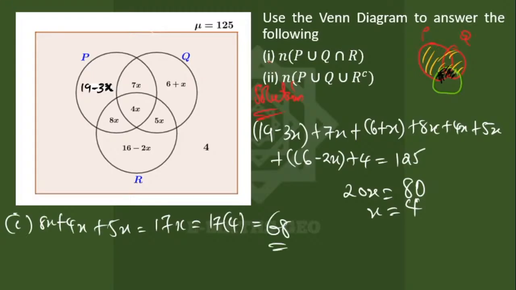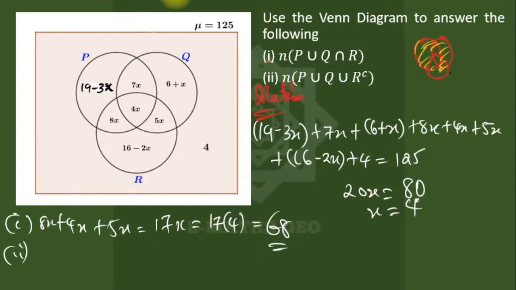Coming to the second one, we are asked to find P union Q union R complement. So the same thing, if we draw the diagram, if you are to get P union Q union R, it means everything, shading everything.